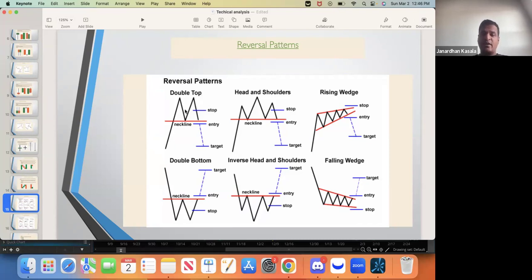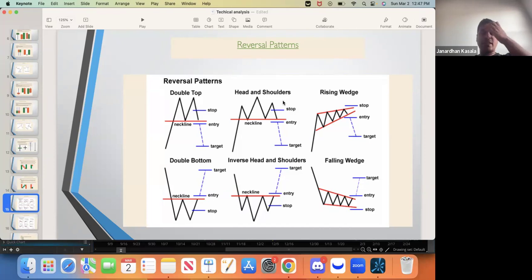I'm not going to go into details of each pattern again, as there are so many patterns. You will understand once you understand the candles. You need to understand what is bullish and what is bearish. I'm just giving you a synopsis; you can go read in detail about each pattern. Feel free to reach out to me if you have any questions on any of these.